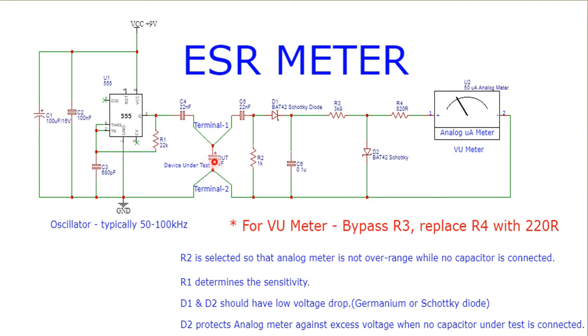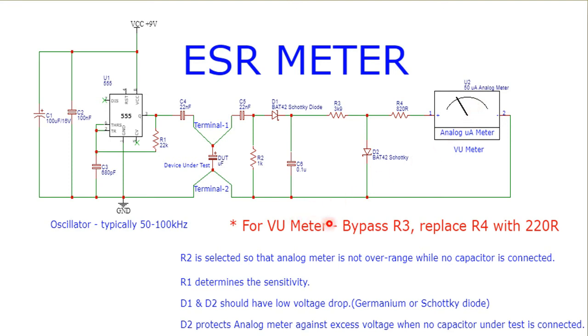The voltage drop across this electrolytic capacitor is measured by the analog microampere meter or the VU meter. This analog microampere meter is of 50 microamperes, or you can use 100 microamperes also. You need to change the resistor components based on the chosen meter.